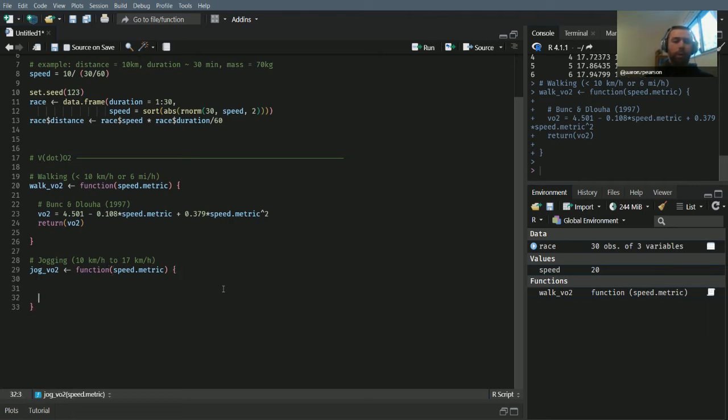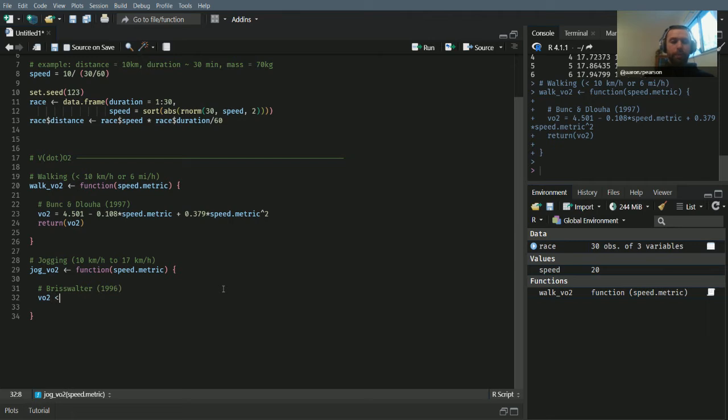So we'll open up the curly brackets here, and we'll add in this formula that was published by Briswalter. So just so we know where it's coming from, it was published in 1996.